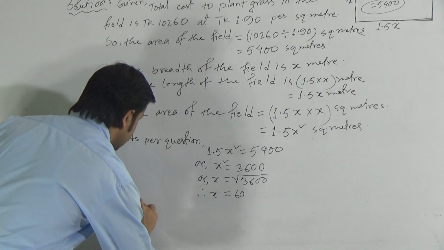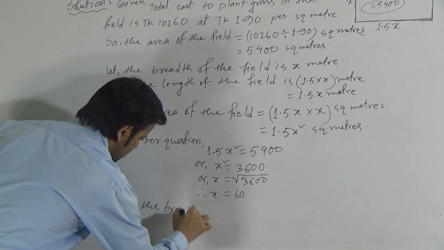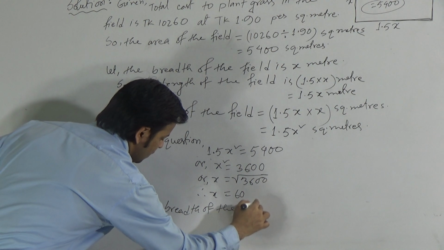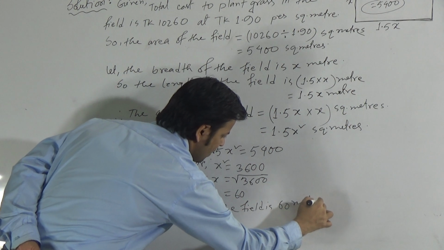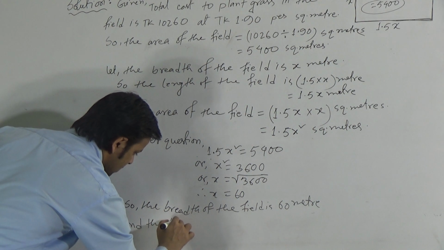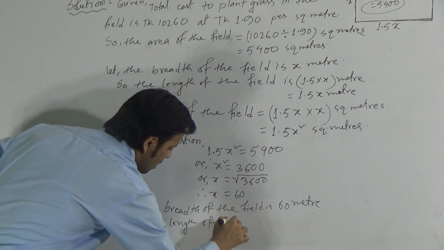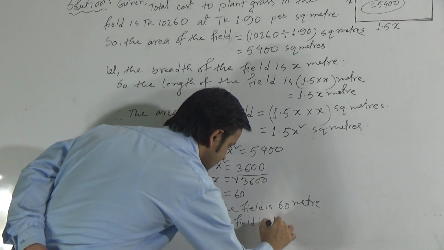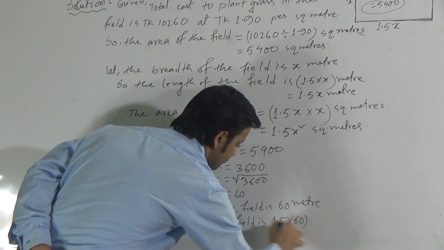So we can write here, the breadth of the field is 60 meter and the length of the field is, we have to multiply 60 by 1.5 meters.